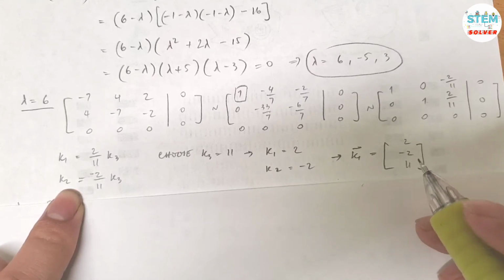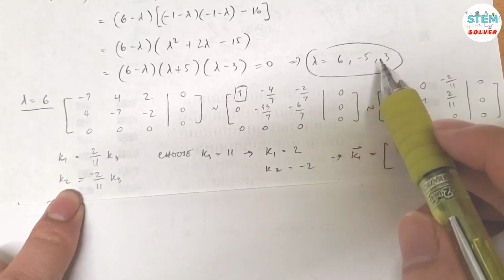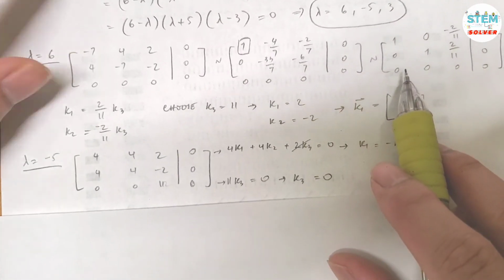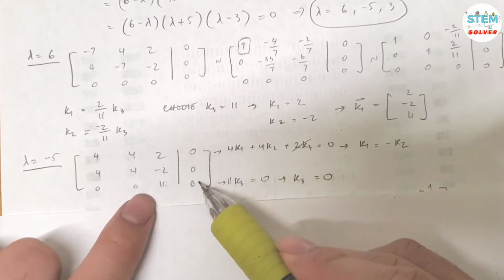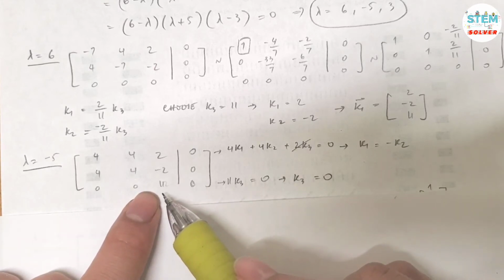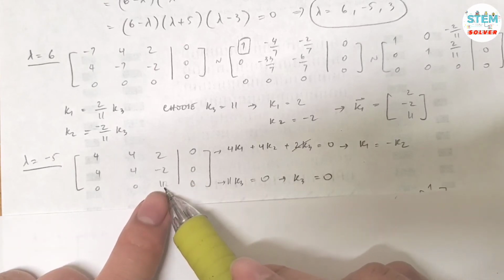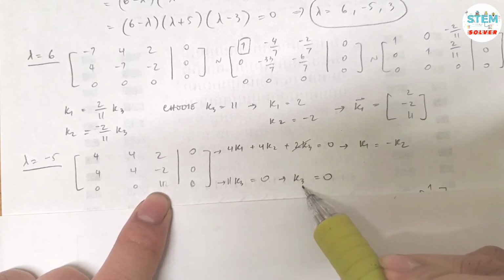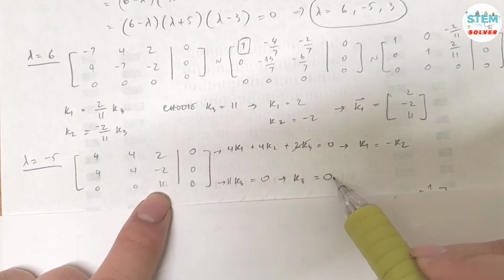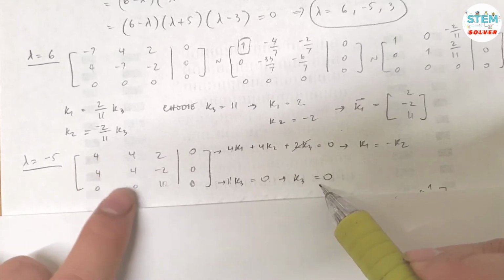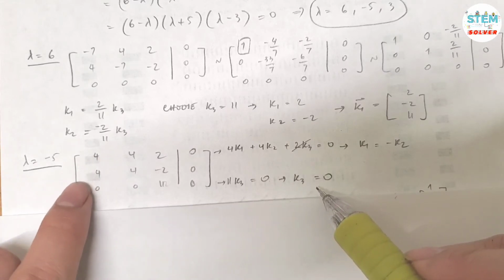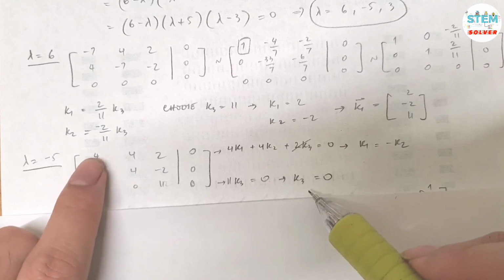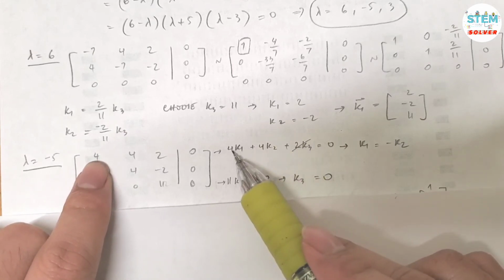Now you are going to do the same thing for lambda equals -5. Plug it into here, and then you will get a new matrix, which is this, augmented with 0. Okay, now for this matrix, I see that 11k3 is 0, so I can find that k3 equals 0 very quickly. Let's use the first equation.